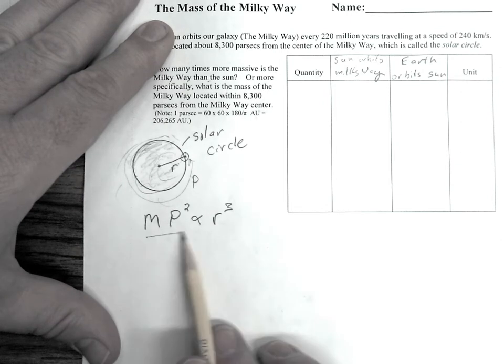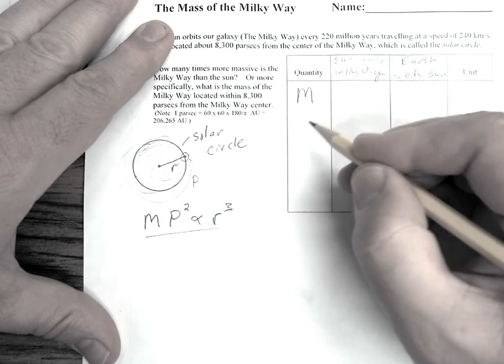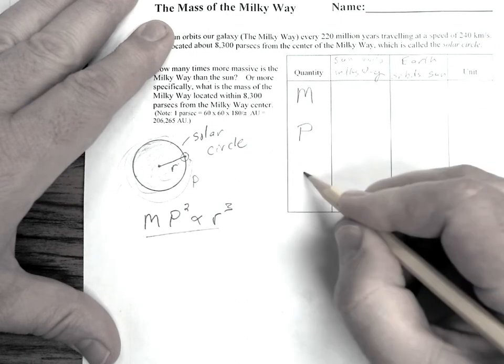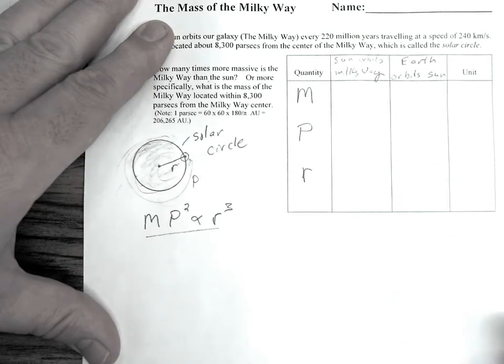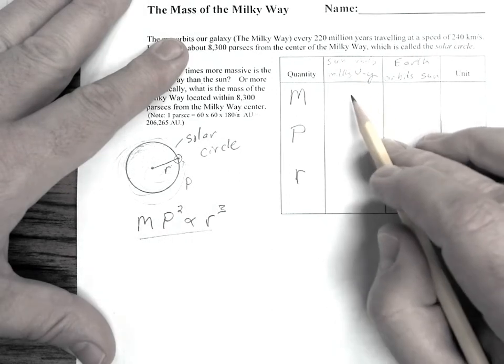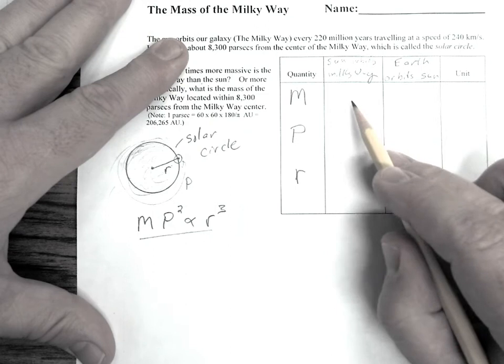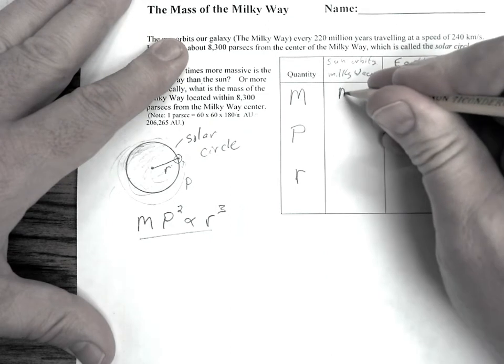Now that we've got our principle, let's fill in our variables in our table. Mass, period, semi-major axis. Now this is the mass of the Milky Way, and this is what we're interested in, right? So let's give it a variable name.